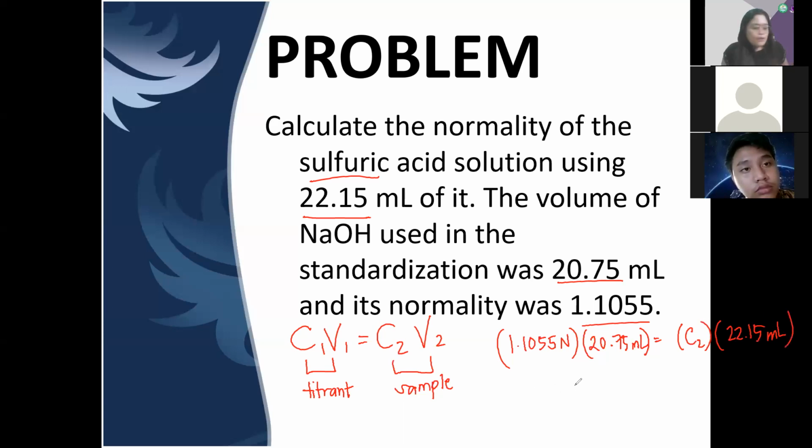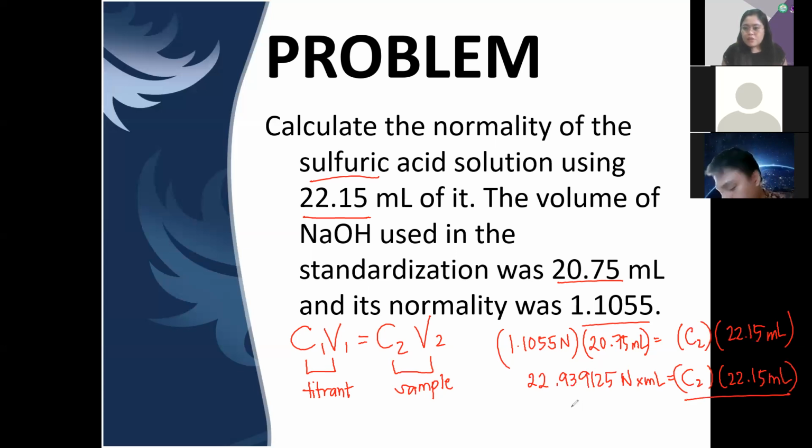ml. So just multiply this 1.1055 times 20.75 is 22.939125 N times ml. Sa kabila, C2 times 22.15 ml. So divide both sides with the 22.15 ml.